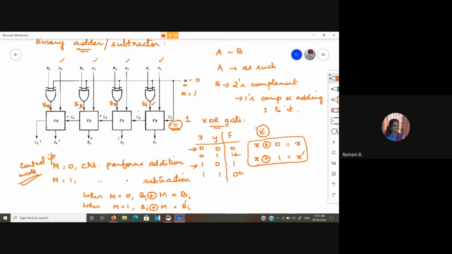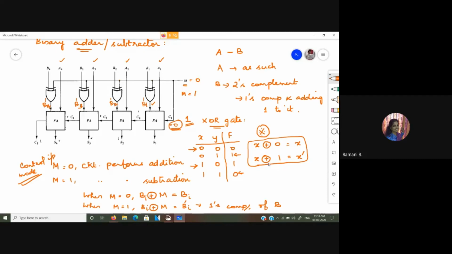So this is B1 bar, B2 bar, B3 bar, B4 bar, which is nothing but the 1's complement of B. And adding a 1 to it is done with respect to this P1.